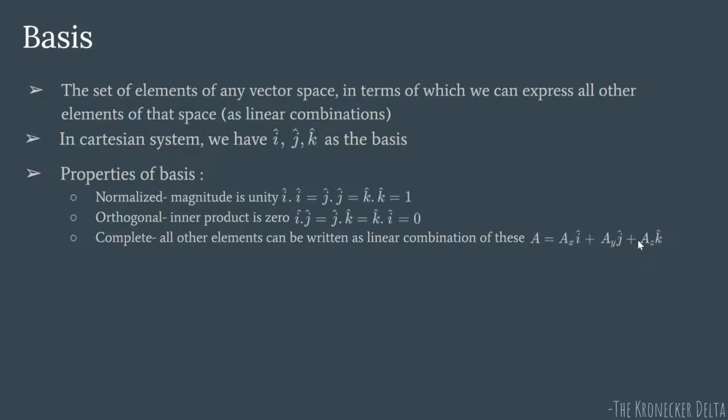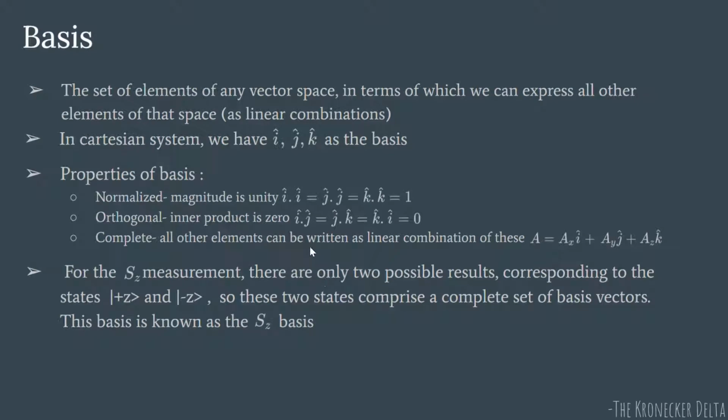Now we'll use this analogy to express our quantum mechanical system. For the Sz measurement, there are only two possible results, plus z or minus z. So these two states comprise a complete set of basis vectors. When we're talking about Sz measurement, we say that the Hilbert space is two-dimensional.